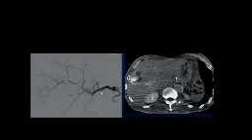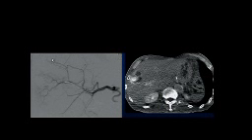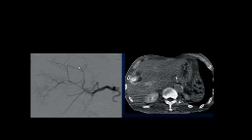Anyway, the patient had first an arteriogram. This is an injection of the blood vessels that go to the liver. And what I can point out to you is this area, the small nodular area where there's increased what we call vascularity. There's a little tumor blush, and that corresponds to this area of the tumor. This is a CT that's done immediately after the embolization.